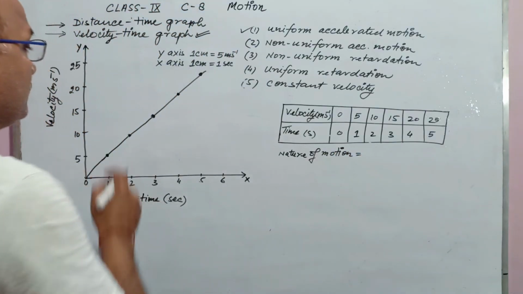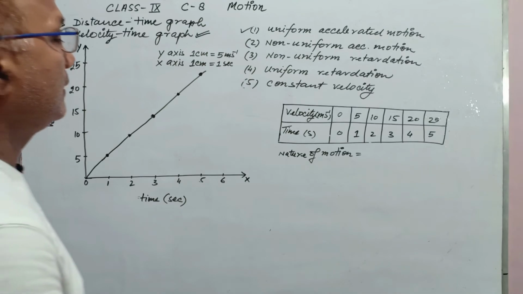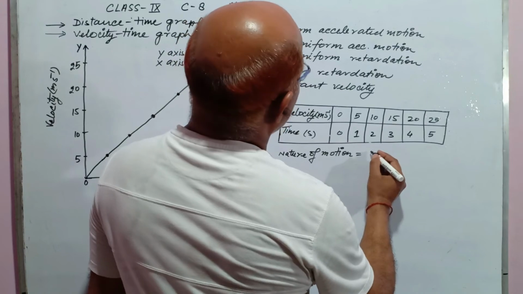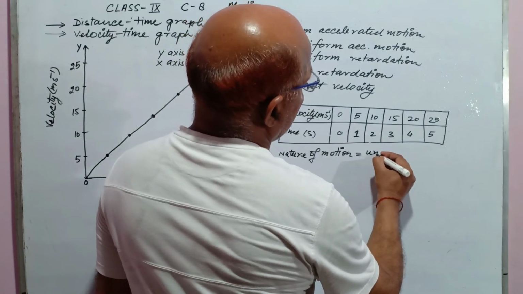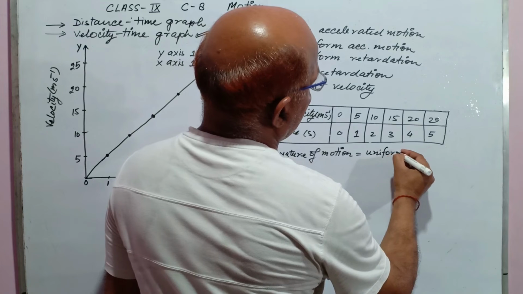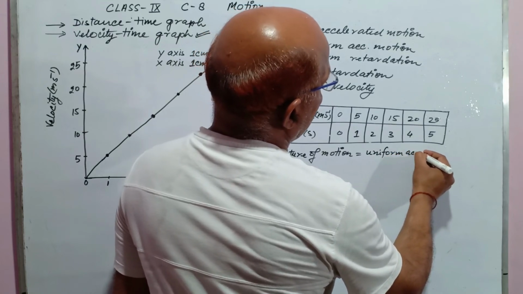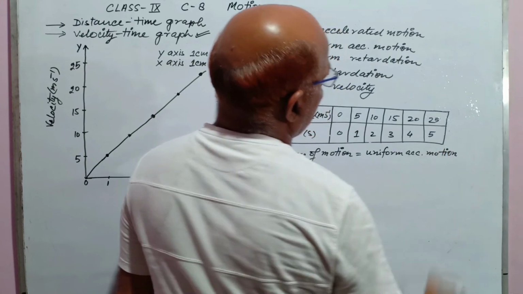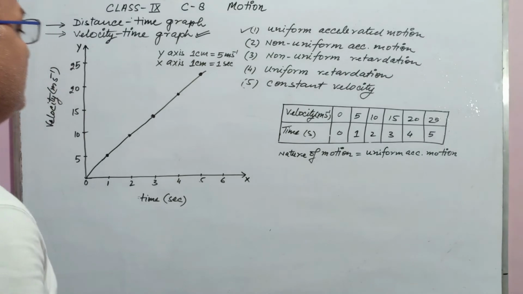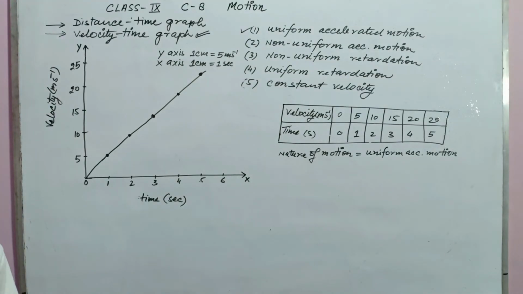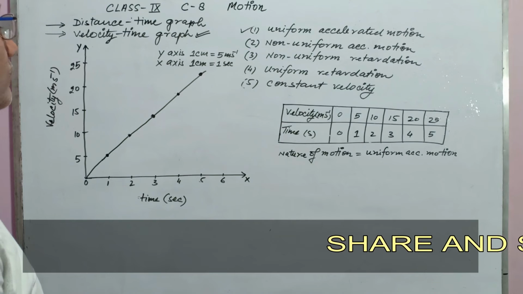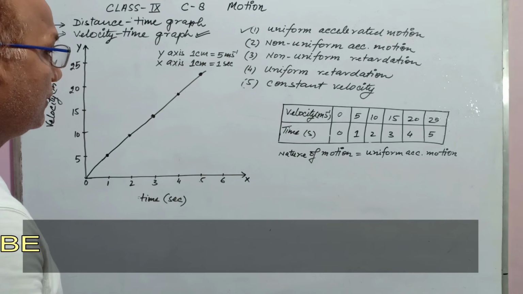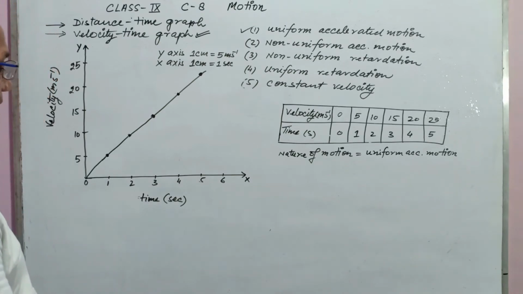Since the velocity time graph is a straight line, the body is moving with uniform accelerated motion. And now from the velocity time graph we can find out the acceleration of the body during any time interval.